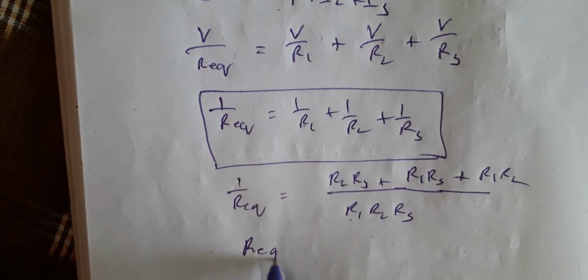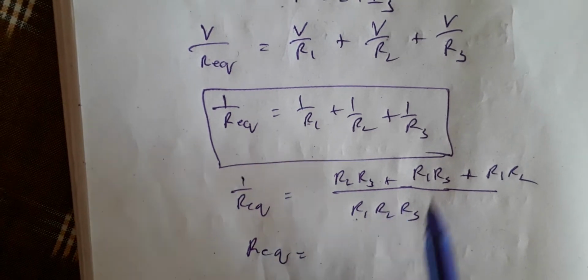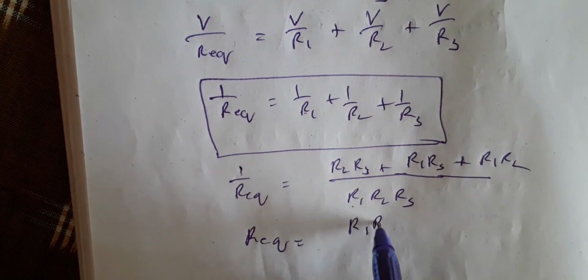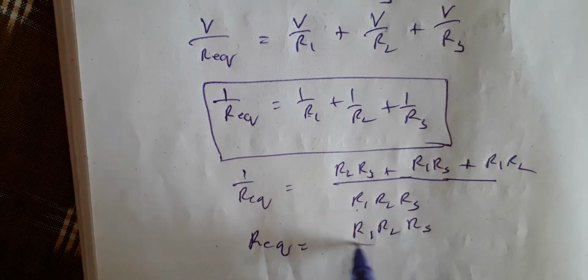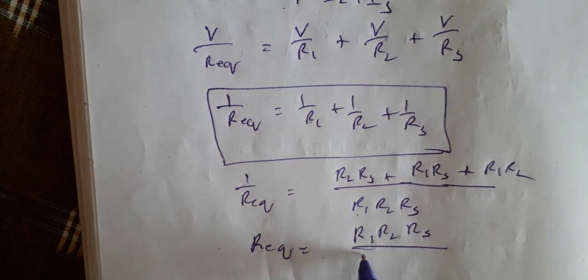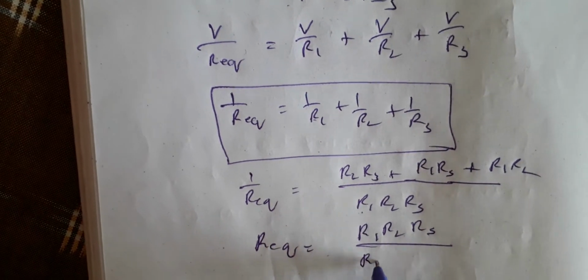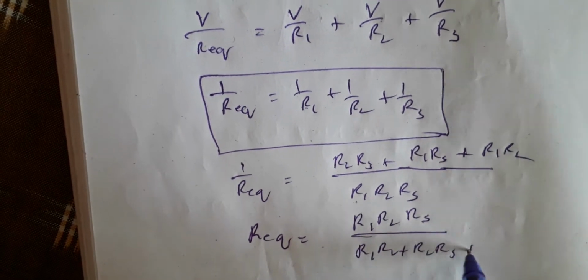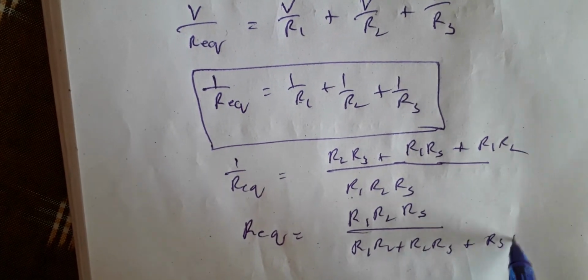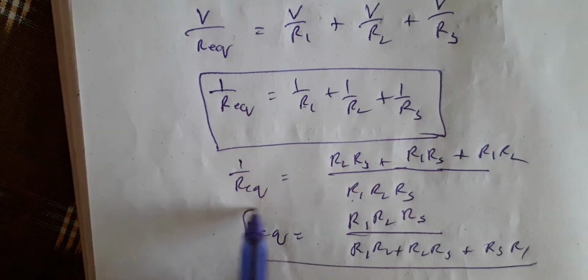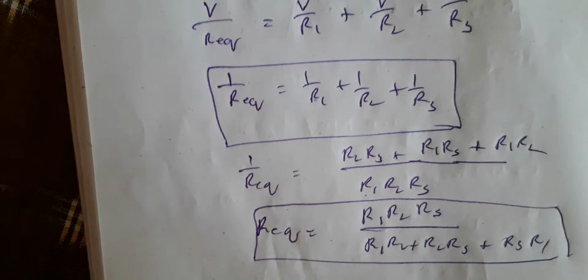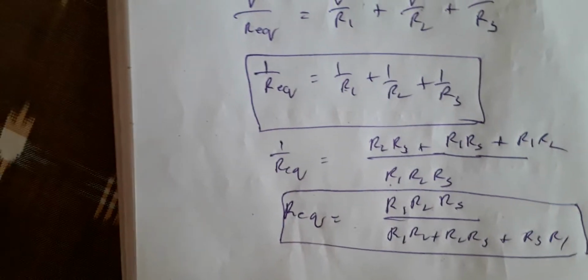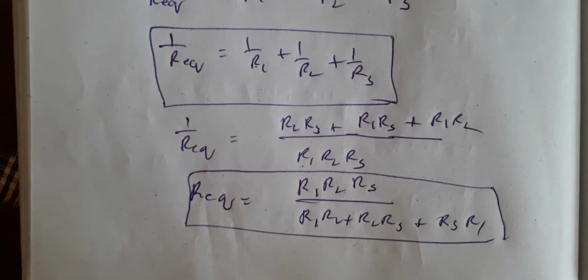Or R equivalent is equal to the reciprocal of this, that is R1 R2 R3 divided by R1 R2 plus R2 R3 plus R3 R1. So this is the effective resistance in case of parallel connection.